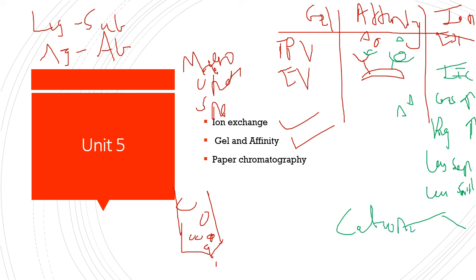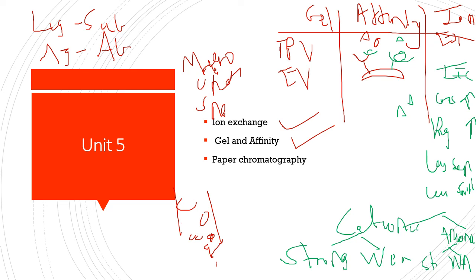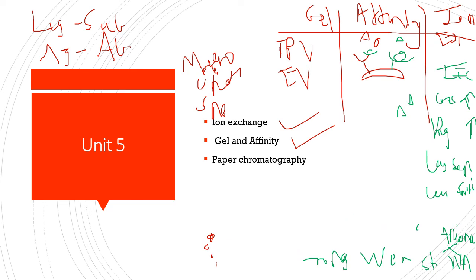If it is a cationic exchanger, the solute will be a cation. If it is an anionic exchanger, the solute will be an anion. Cationic exchangers are classified into strong and weak cationic exchangers. Anionic exchangers are likewise classified into strong and weak anionic exchangers. So this is very important with respect to chromatographic techniques.